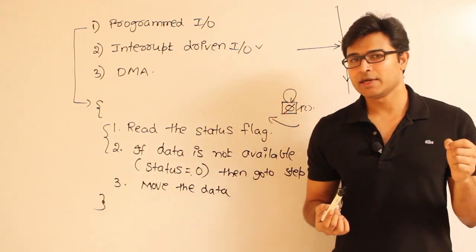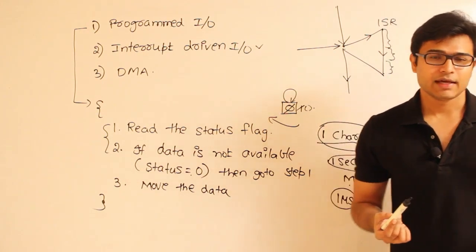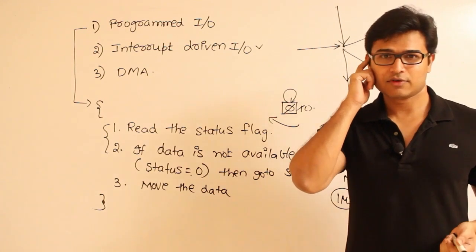So the main use of interrupt is to interrupt the current execution of the program, and it is not only used for IO, but in this context we are using it for IO.